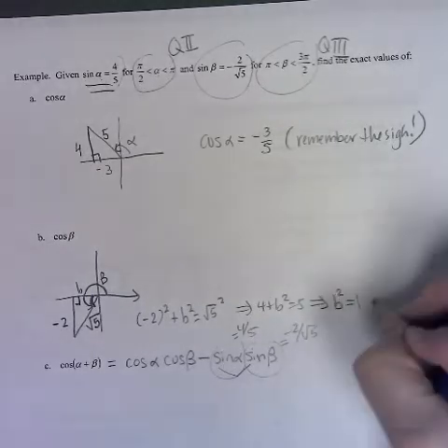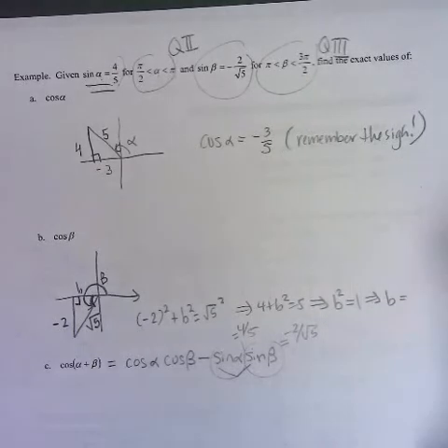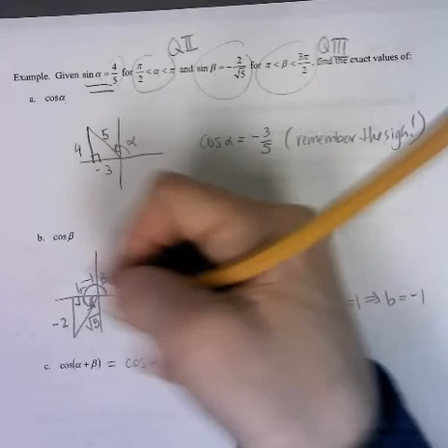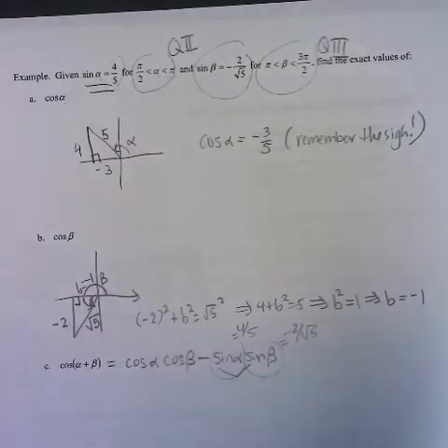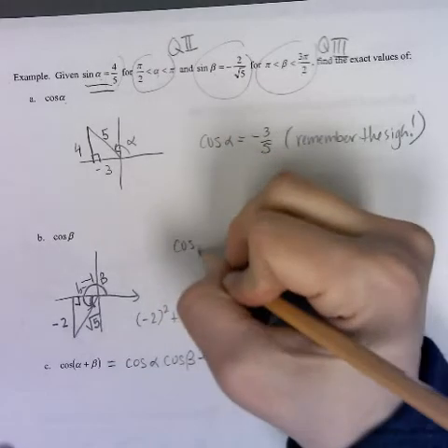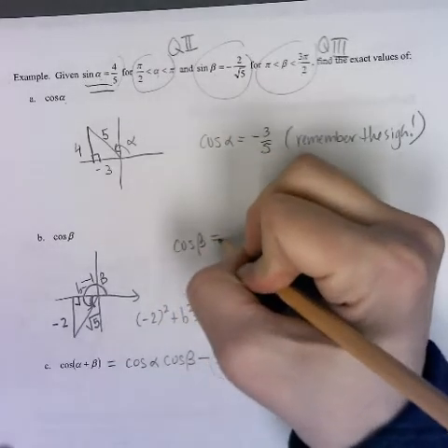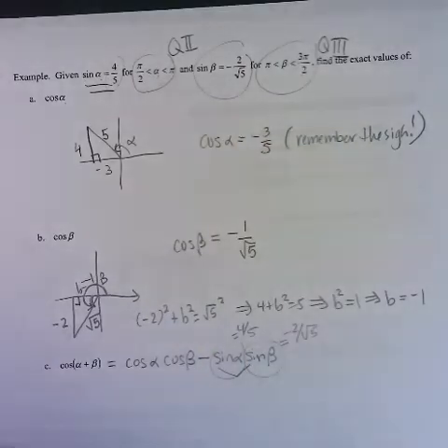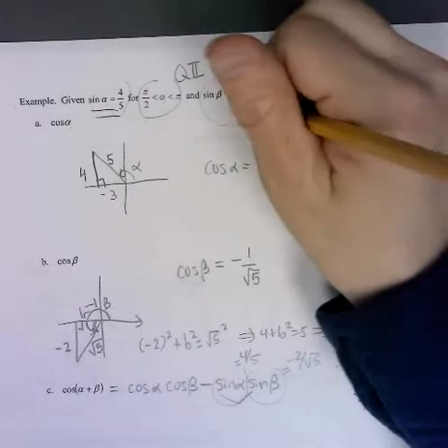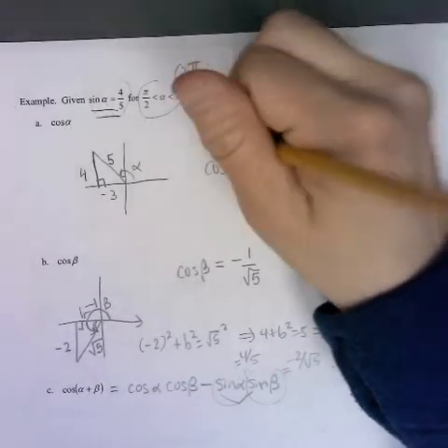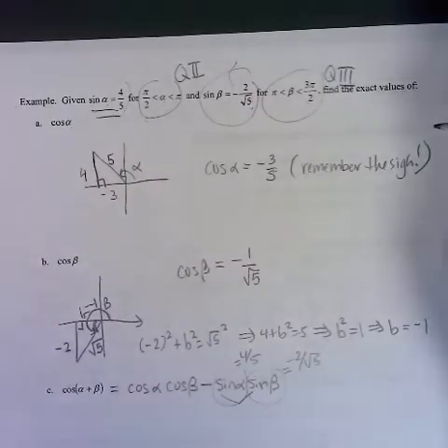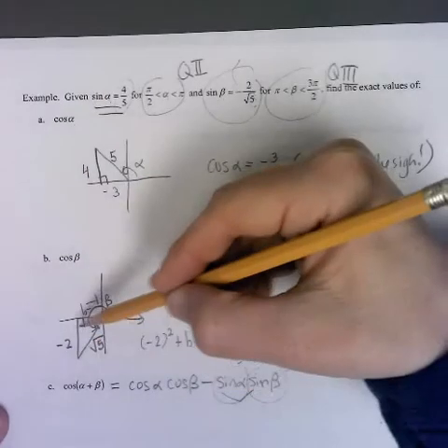implies b equals, it'll be -1 if you want to assign the correct sign for the quadrant, but technically if you're thinking of a length, it's just 1, right? So the cosine of beta is -1 over the square root of 5. And I gave this in non-rationalized form because it actually makes the problem easier for you, because you can just do opposite over hypotenuse.